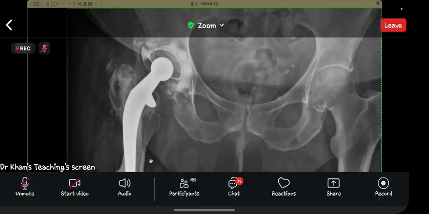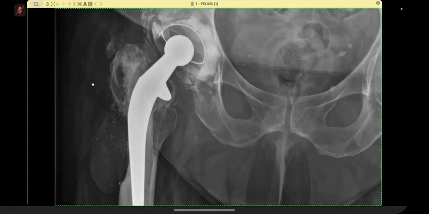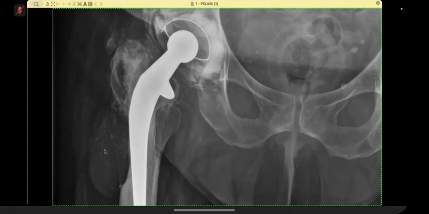So now, if you see here, you can actually see a few particles inside, high density, and you can see this scalloping. So of course, we did not go for an MR. In this case, this is the MR, and there was a lot of artifact, right?